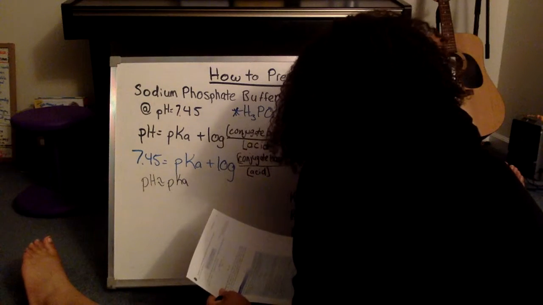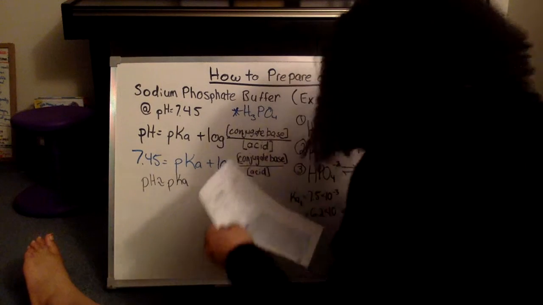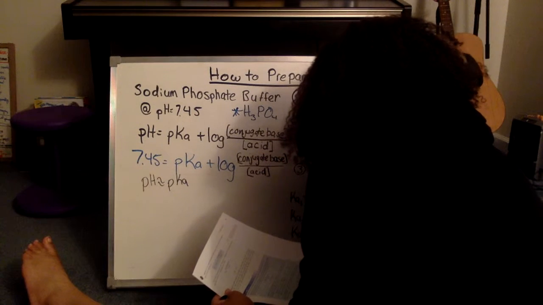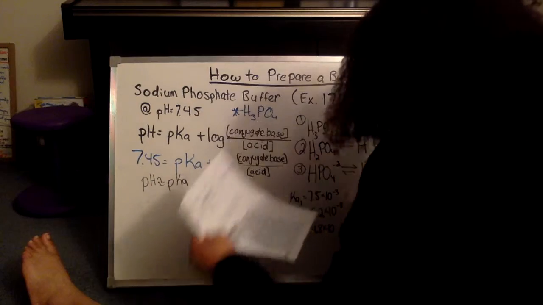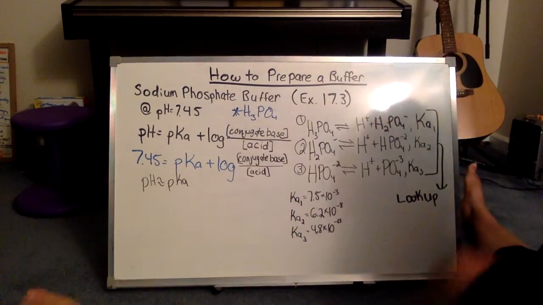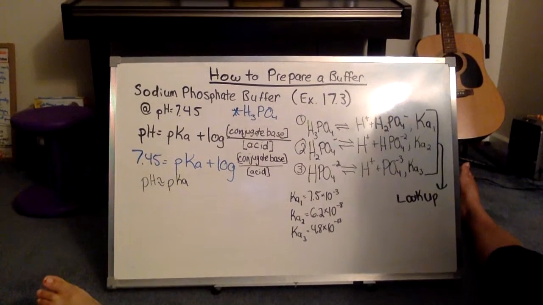And the Ka3 value is 4.8 times 10 to the minus 13. Okay, so those are our values.